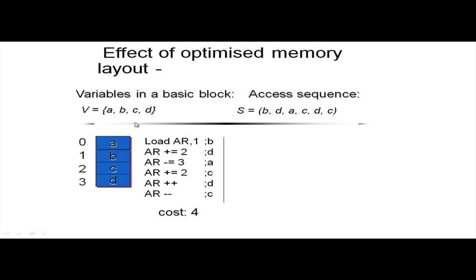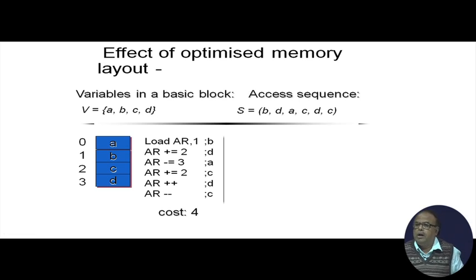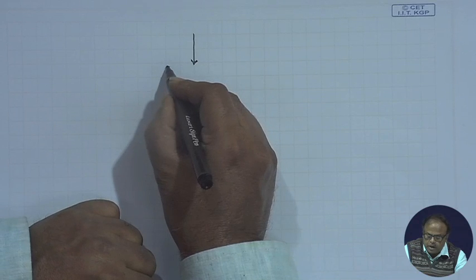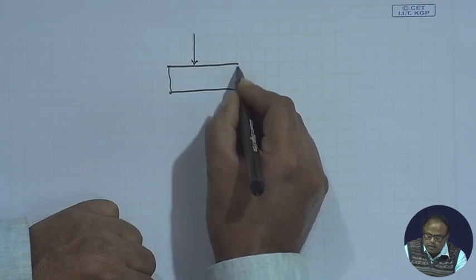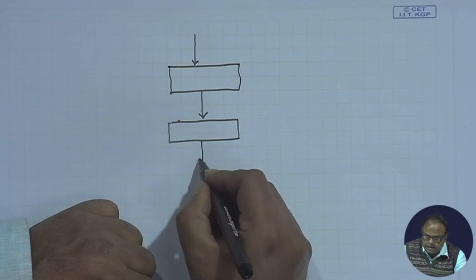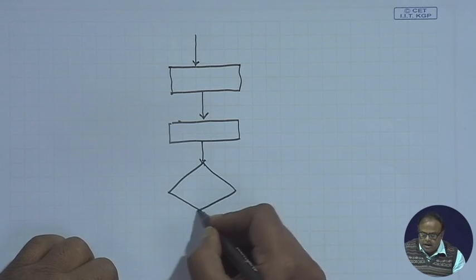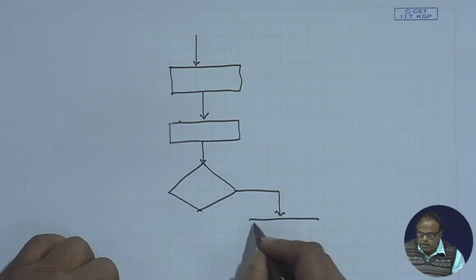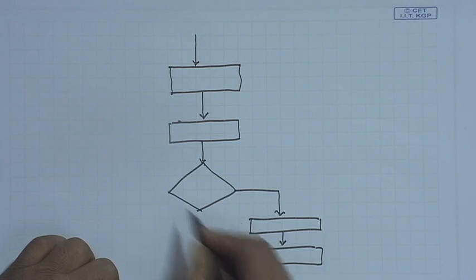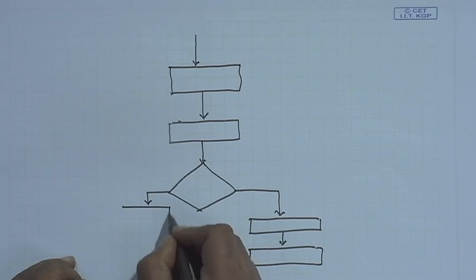All right. Let us look at this example. I am considering a basic block. What is meant by a basic block? This is something we did not discuss earlier. In a control and data flow graph you have some points where some computations are coming up, and then there is a decision point, and based on this decision point you are doing some other computations, and here you are doing some other computations.